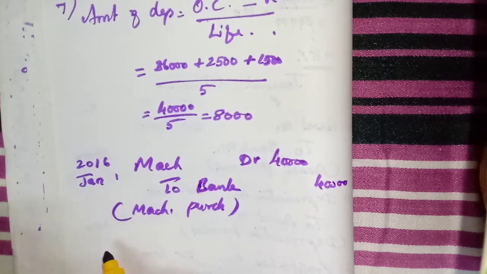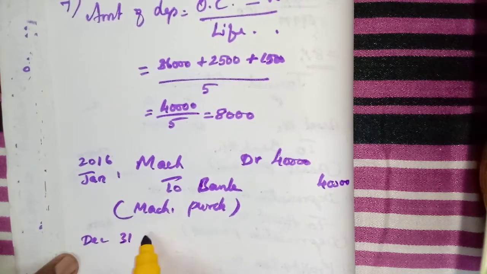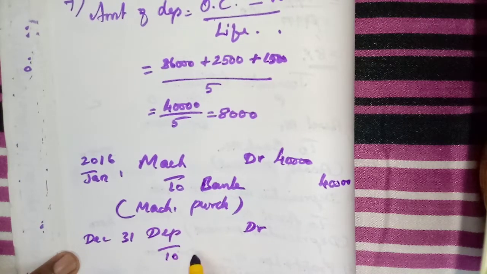Then when the accounts close, not given anything, 2 years. So 2016 and 17. So we have to calculate December 31. Depreciation account debtor to machinery account.